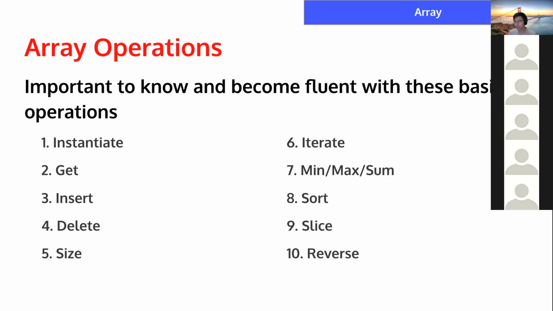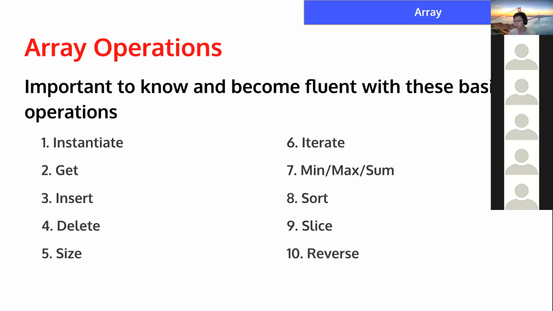And then there's also sorting that you can call against your array input, which can be in-place sorting, or a sorting that just creates a new copy of the array for you. And number 9 is slicing, which is getting a subset of your array from a certain index to another index.